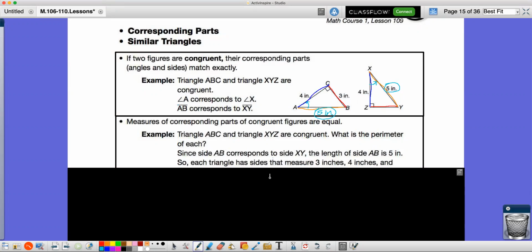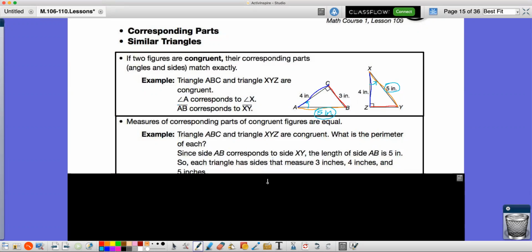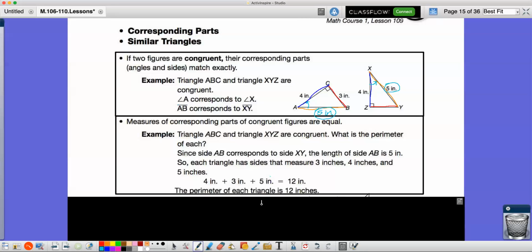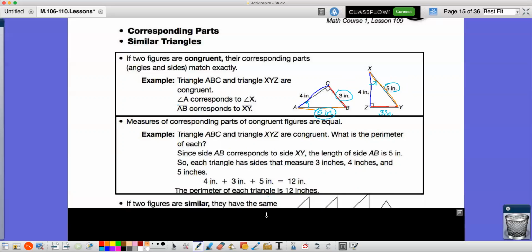So each triangle has sides that measure 3, 4, and 5 inches. That also tells us that this ZY is the same as this CB, so this would be 3 inches here, and this is the same as this one. So they all have the same. The perimeter then is just simply the 3 plus the 4 plus the 5, which adds up to 12. Same with this one. The perimeter of that triangle is 12.